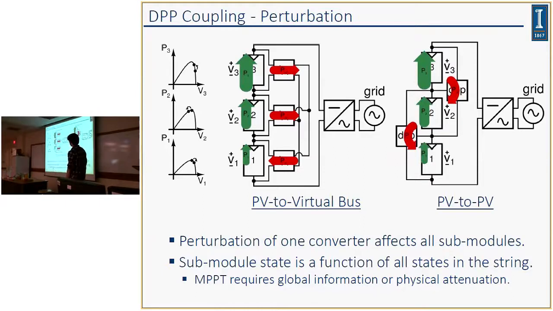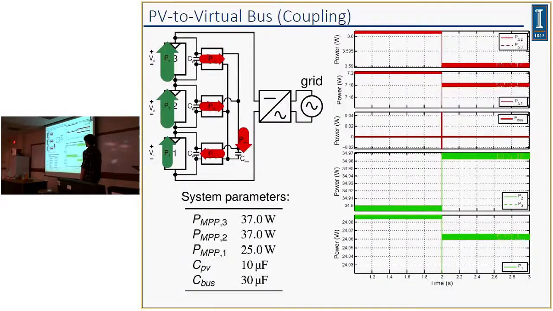And that has been explored with this topology by the PV-to-PV group here at Illinois. They've developed a maximum power point tracking algorithm that deals with that coupling using communication and deconstruction of all that information. So what I'm going to propose though is an actual physical attenuation, which is facilitated by this topology. And I'll show what I mean by that in the next few slides.